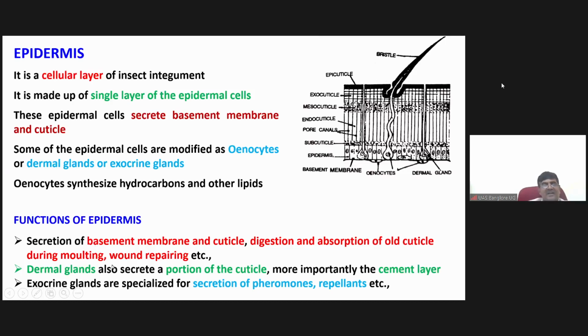So this cement layer is secreted by these dermal glands. And also I told you some of the cells are modified as exocrine glands. These exocrine glands help in the secretion of pheromones and repellents. So this is about the second most layer, that is epidermis and its functions.